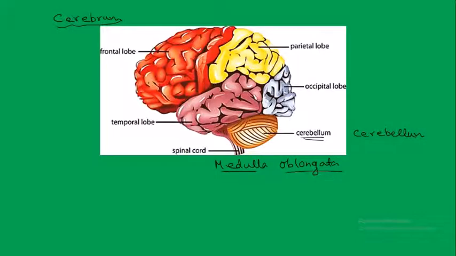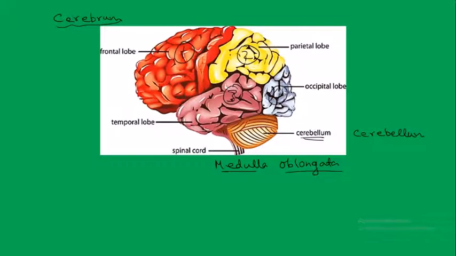When we look at the frontal view, as you all know, the brain has a left hemisphere and a right hemisphere, and both of these coordinate to regulate the different activities and functions of the body. Now each hemisphere is further divided into four lobes.